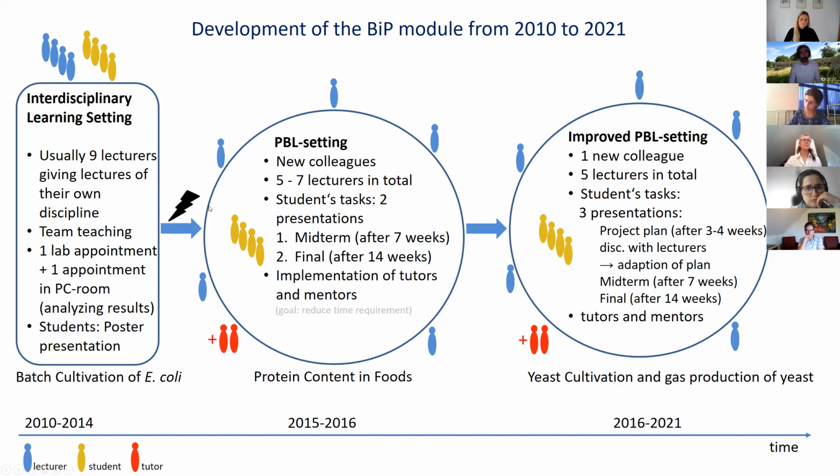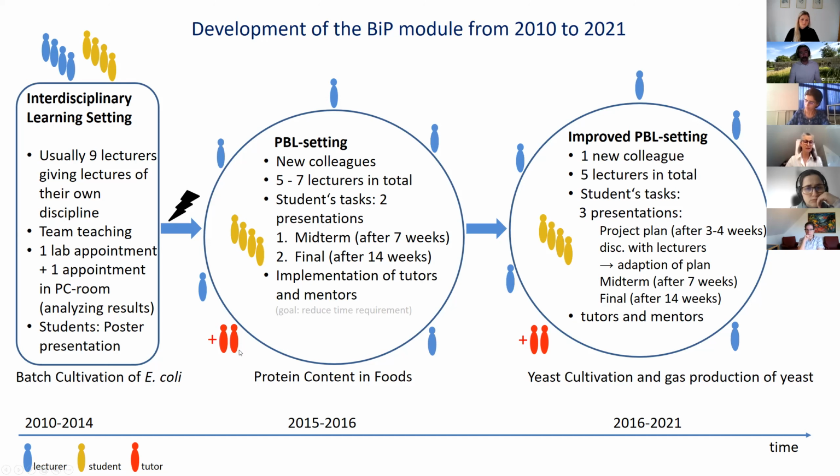A new setting was created, circle in the middle, with new colleagues and with 4 groups of 4 students. We had to find simple cases which forced students to deal with basic techniques to solve the challenge. For example, the students had to work on the protein content in foods.